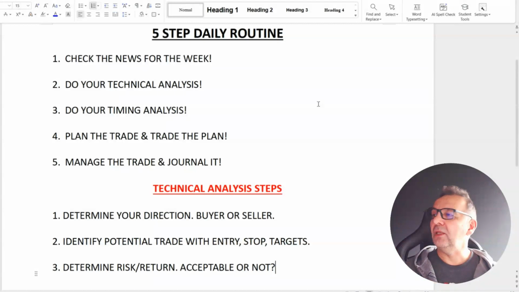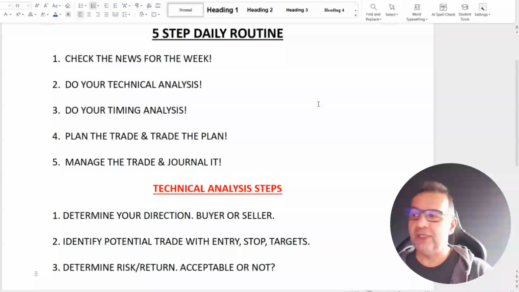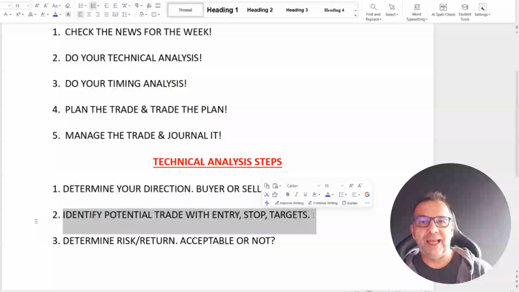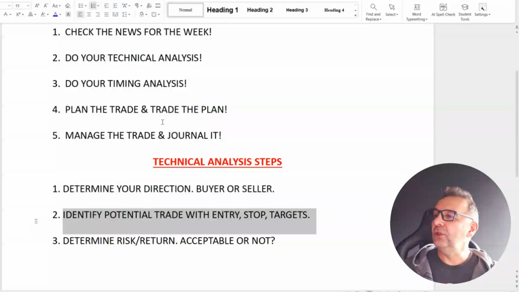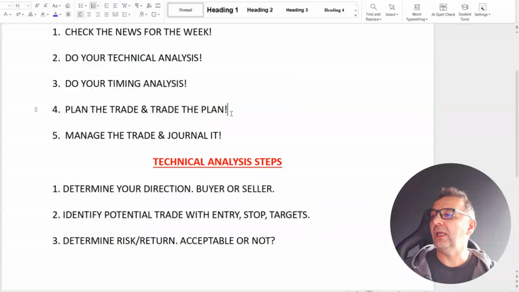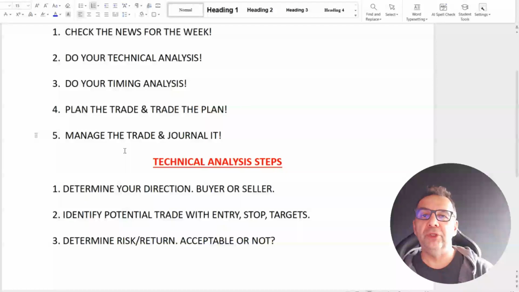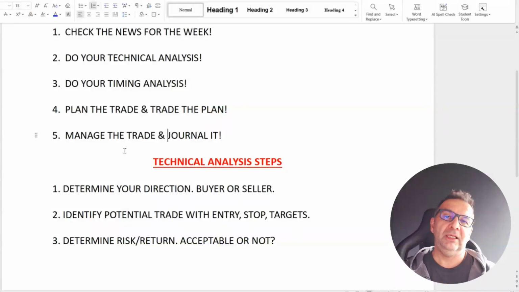Then, obviously, technical analysis requires you to make a plan, which is the second phase of your technical analysis. You plan the trade, and then you trade the plan, and then you manage the trade and you journal it. If you're using technical analysis and timing analysis, it's worth writing down what kind of setup worked out for you, and it's good to keep that in your data.